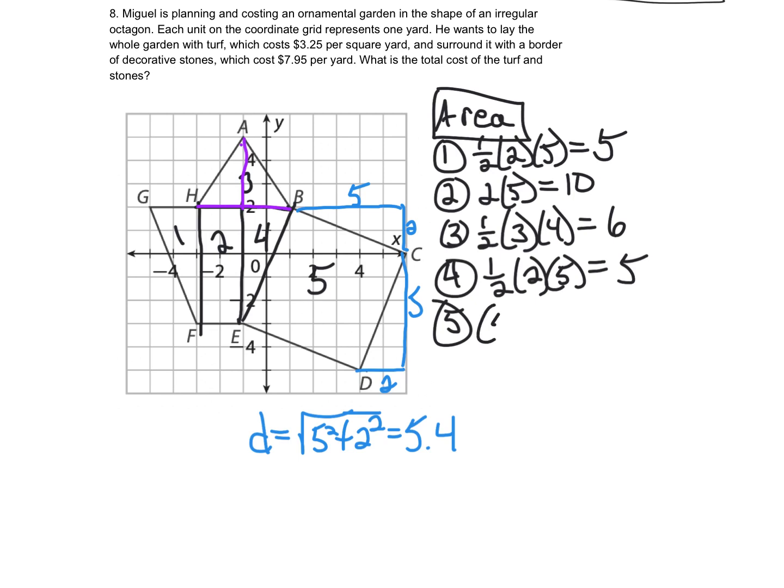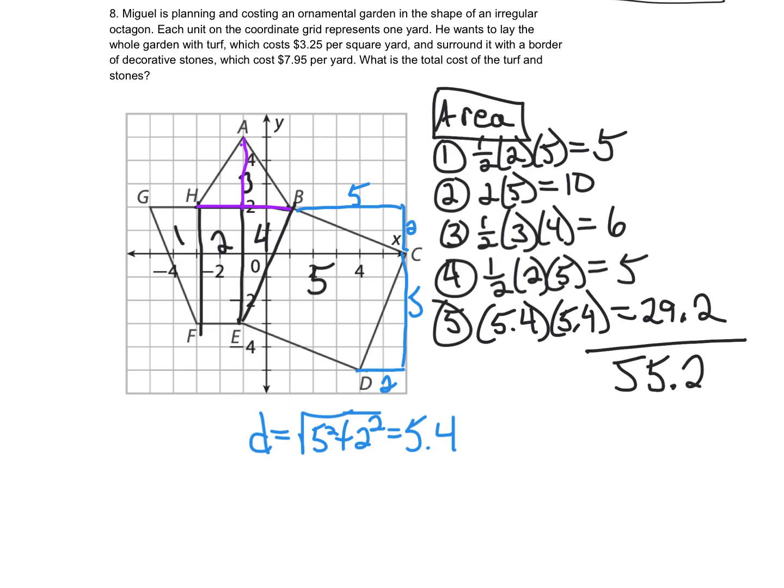So that square is 5.4 times 5.4, which is 29, I'm going to call it 29.2. All right, so we add all these up. 29.2 plus 26 equals 55.2.